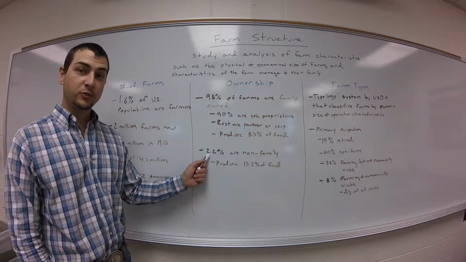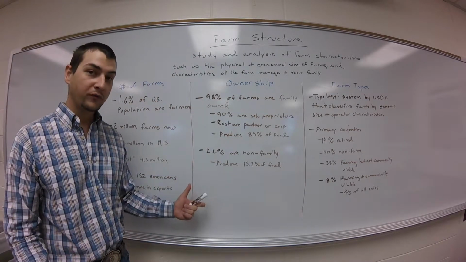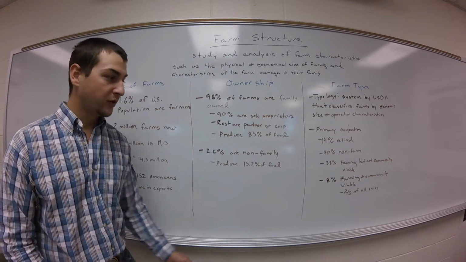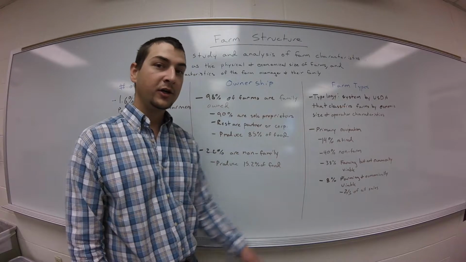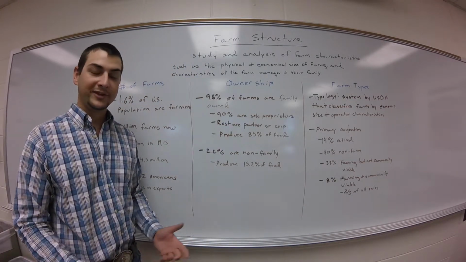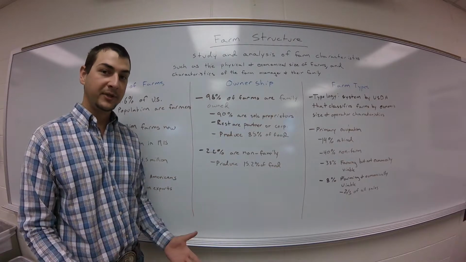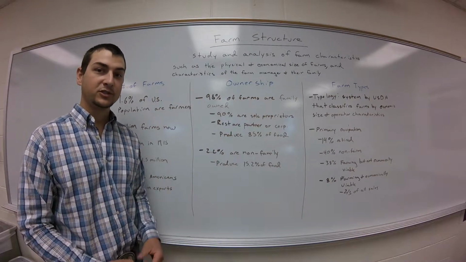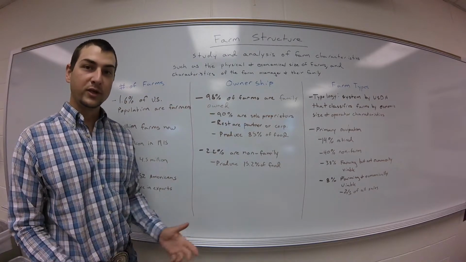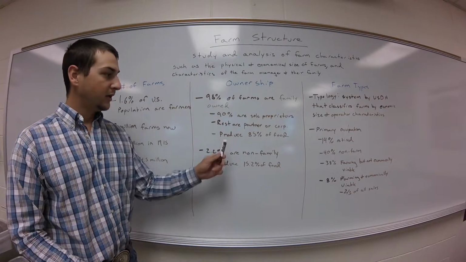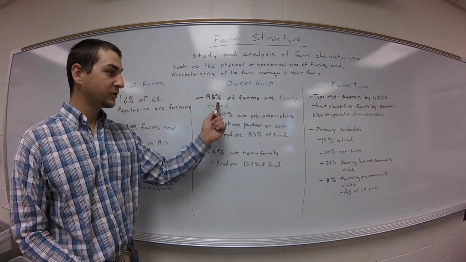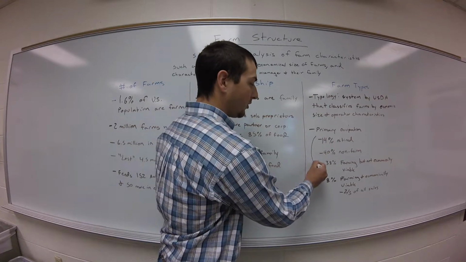That's why 2.2% of the farms, these corporate farms, produce 15.2% of the food, because they're large enough. They're within this 8% right here, and they're large enough to be able to generate an economically viable farm, because it's not a family business, it's a business transaction, so it needs to generate money. And out of this 98%, the reason 98% only produce 85% of the food is because the majority of these 98% fall into this category right here.